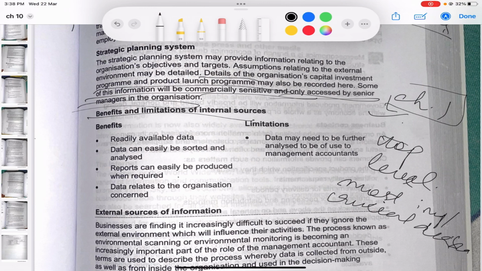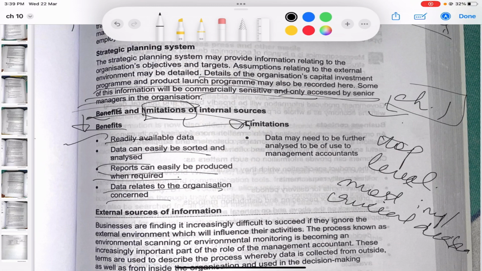Okay, now we have some benefits and some disadvantages or limitations of internal sources. So benefits are that it is readily available. Data can be easily sorted and analyzed because it is of our company and we have already done this. Reports can be easily produced when required. So whenever I require, I can get the report. Data relates to the organization concerned.